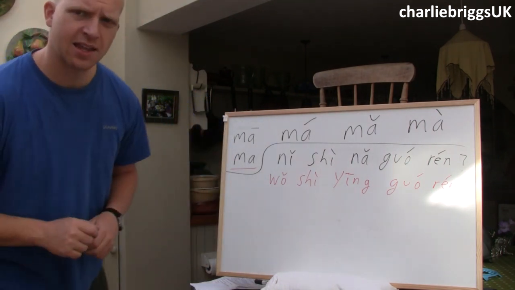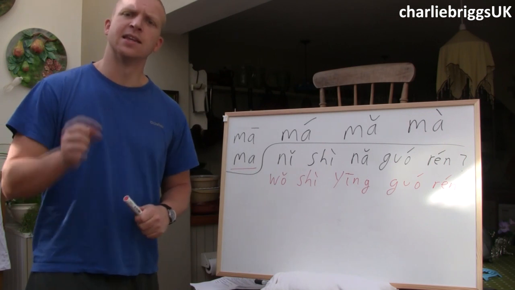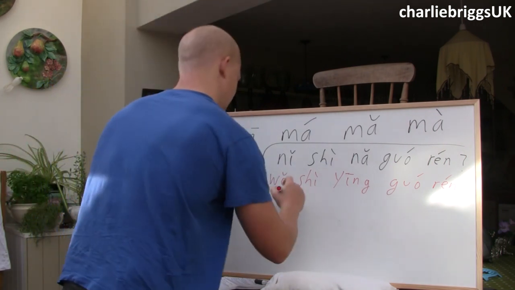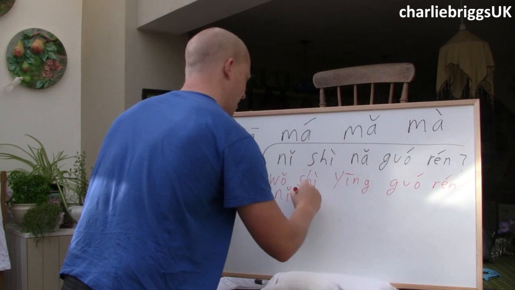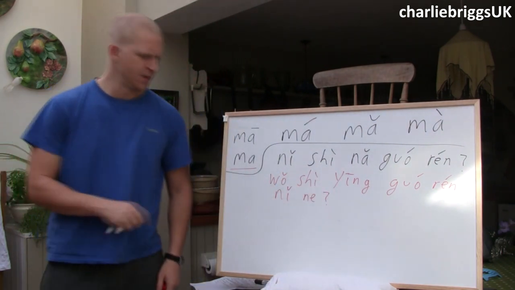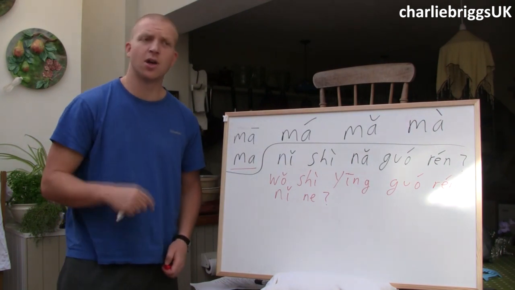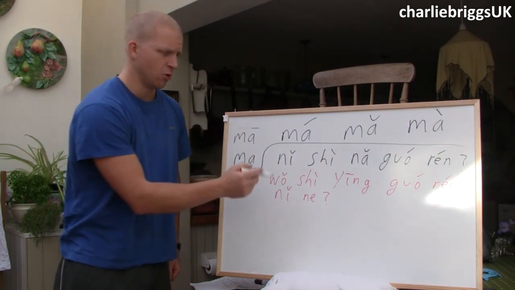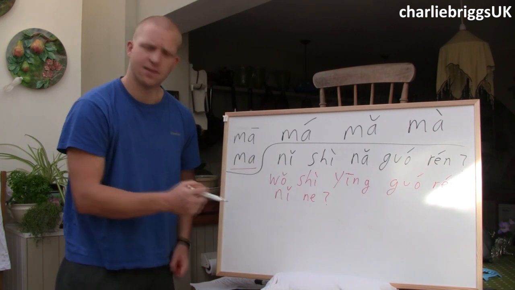And we could say 你呢. How about you? Just like before, 你呢. I'm English. How about you? 我是英国人, 你呢.